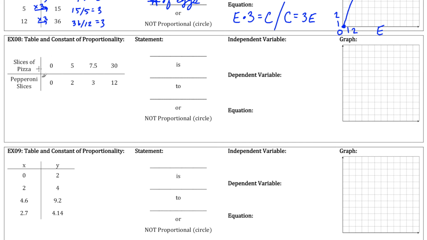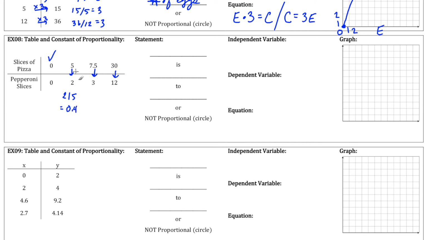Alright, so right here, slices of pizza, slices of pepperoni. It passes 0, 0, so we're good here. Let's check this, and this, and this. So remember, we check going backwards. So 2 divided by 5 is 0.4.